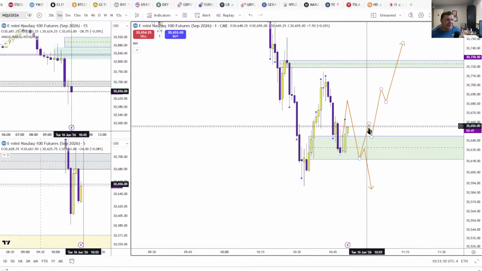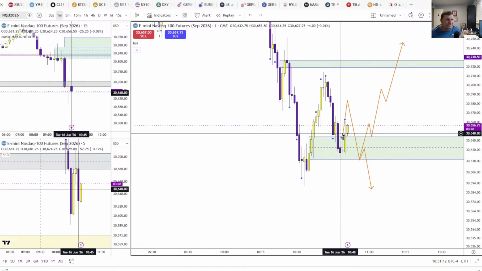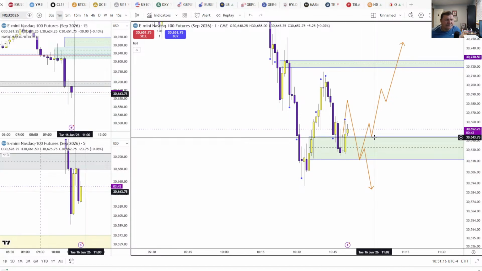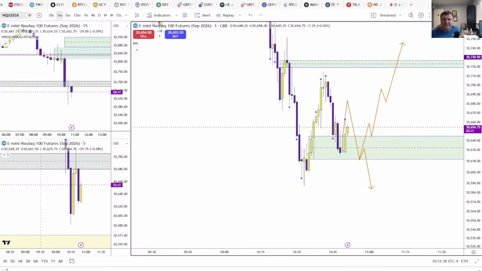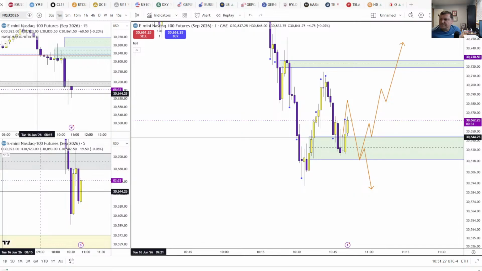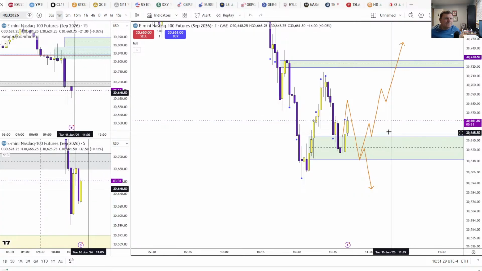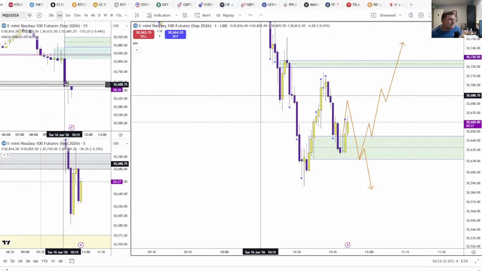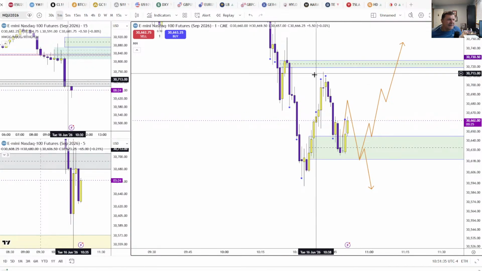That's this part right here. Went up, tagged. Now you want to see us go higher here. So we can't push back up to this high here.